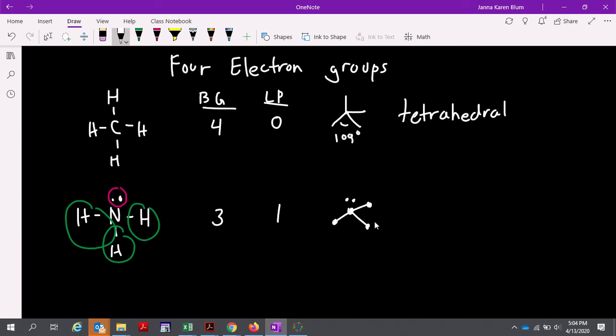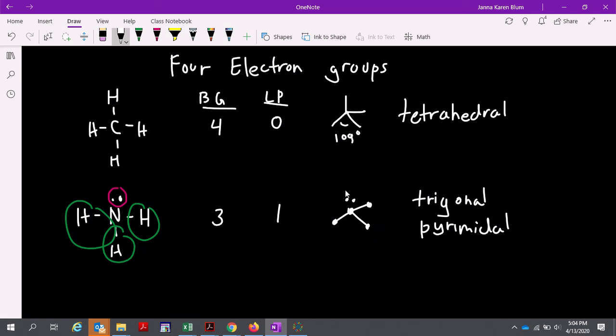And this looks like a bit of a squatty pyramid without a top, because that lone pair is sitting up there. And this is called trigonal pyramidal, because if I connected the bottom it would have a trigonal base, point at it.